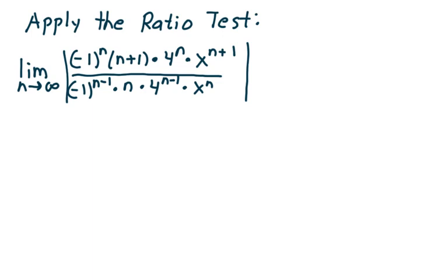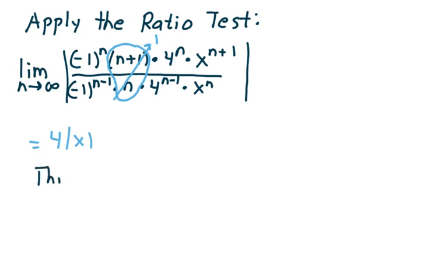As n goes to infinity, if I look at n over n plus 1, this is going to go to 1. Okay? And so what we have left is 4 times the absolute value of x.